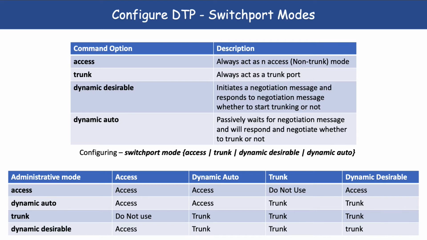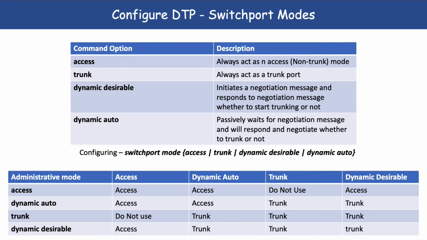But in dynamic auto, the switch is never going to initiate the negotiation. It is just going to respond to any negotiation message that comes to it. This is a passive mode. So if you have two switches which are on dynamic auto, they will not trunk, the ports will be stuck in access mode only, because these switches are only listening and they are not talking.